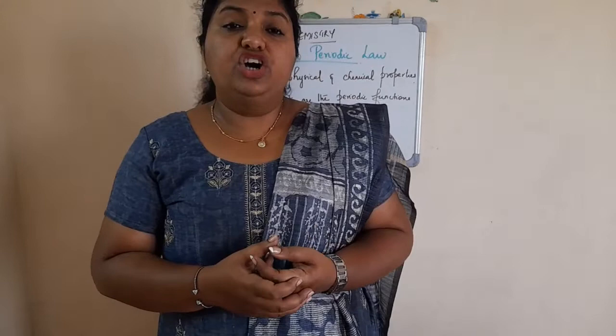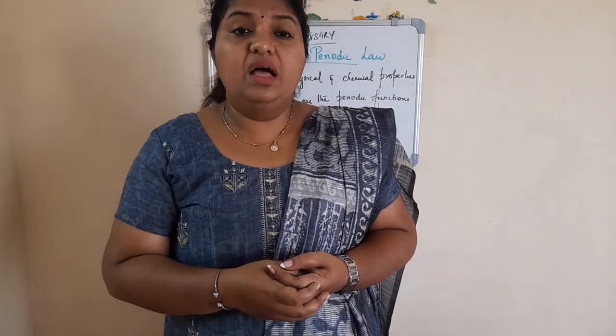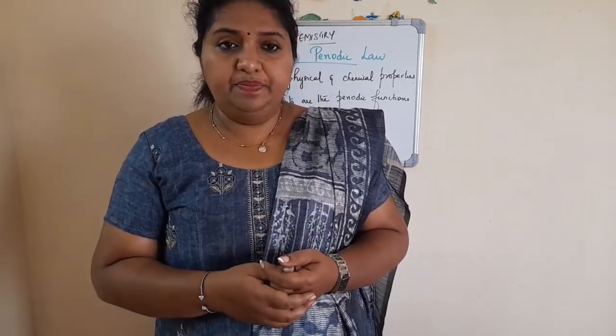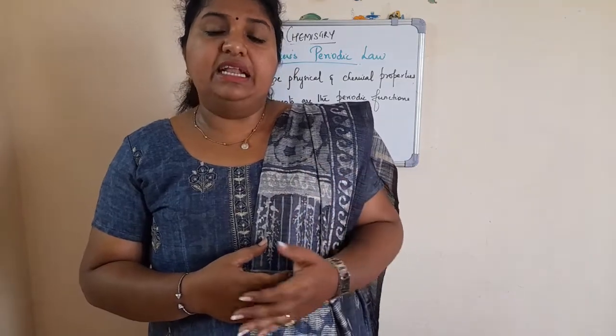For example, earlier the atomic mass of beryllium was determined as 14. Later, when Mendeleev said that some elements were not following the increasing order of atomic mass, it was corrected. The atomic mass of beryllium was corrected from 14 to 9. So that was the second advantage.